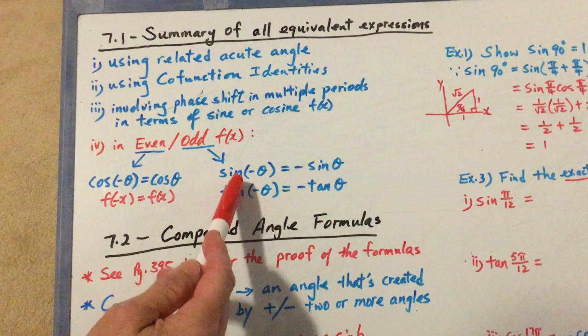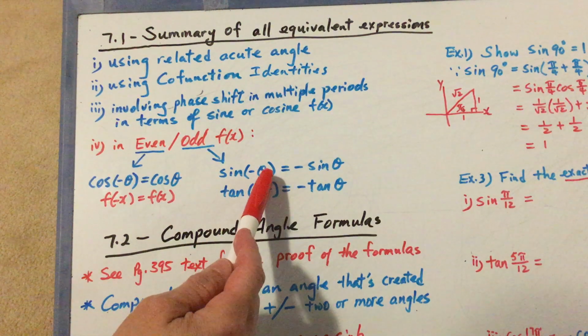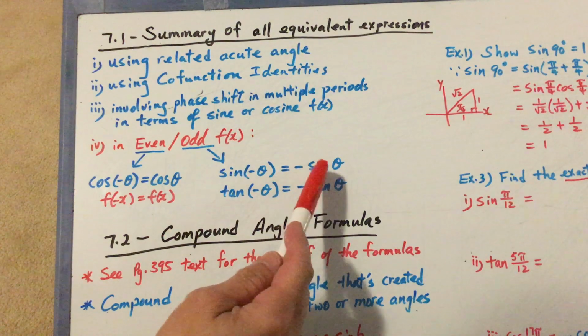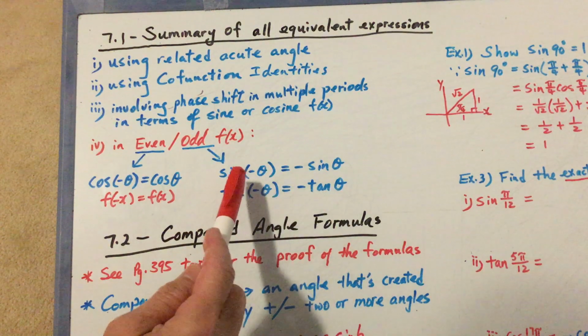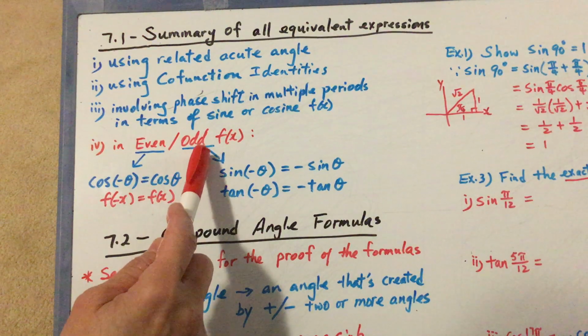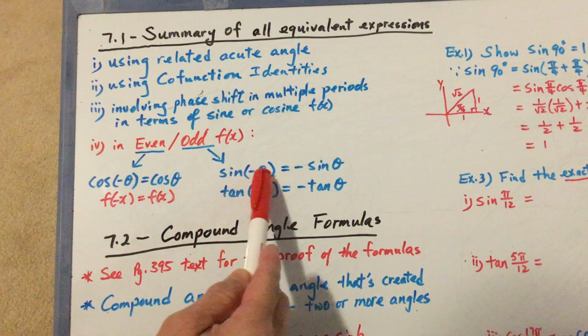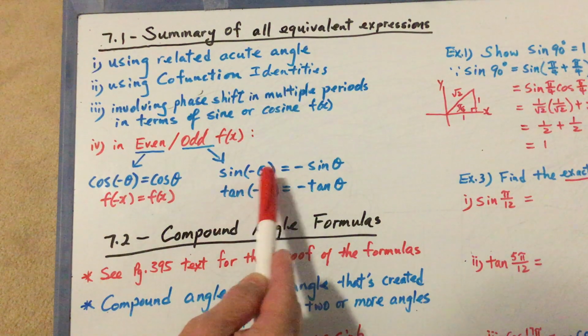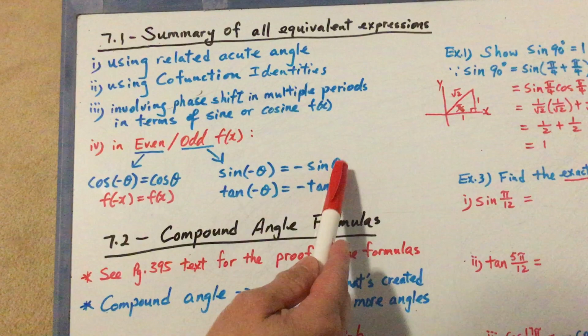Also, when you plug in the sine of negative x, or negative theta, you are actually getting the negative of sine theta back. So that's why sine of a negative theta is an odd function. This expression is also equivalent: the sine of negative theta is equal to negative sine theta.